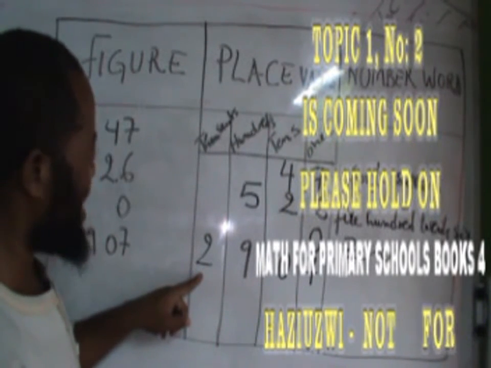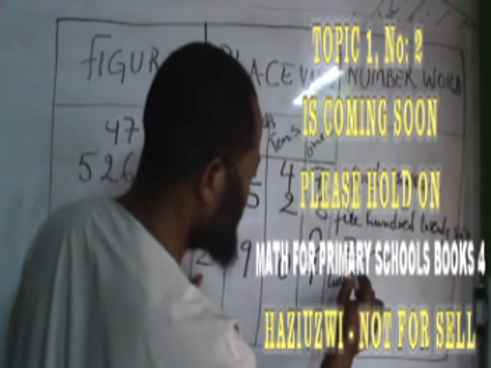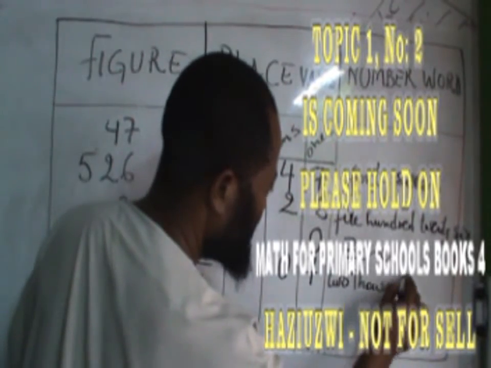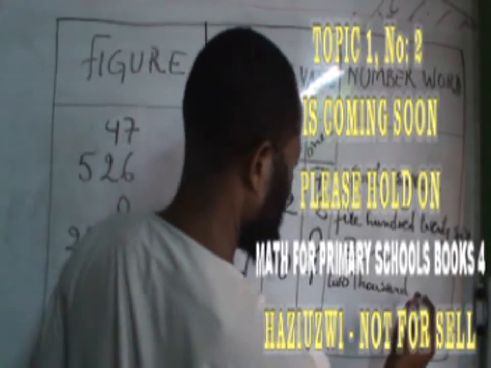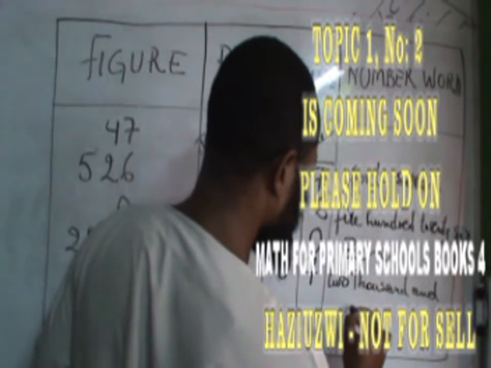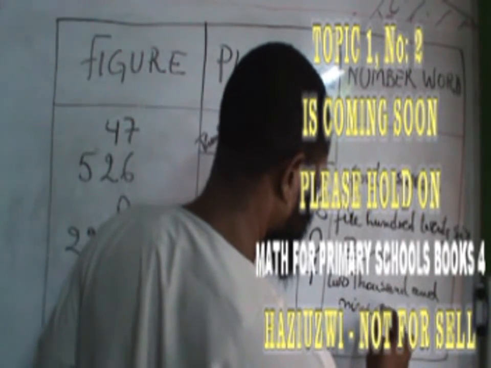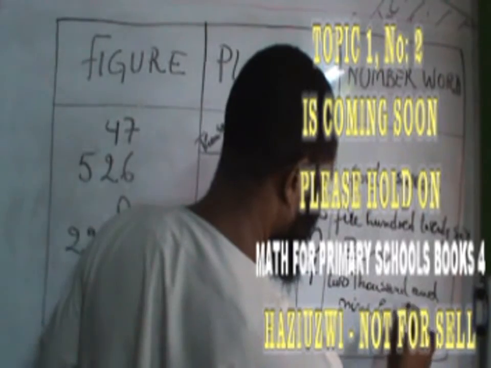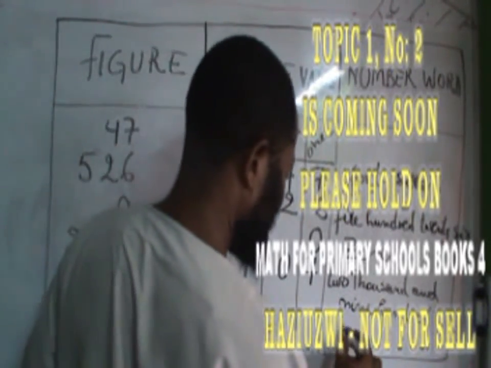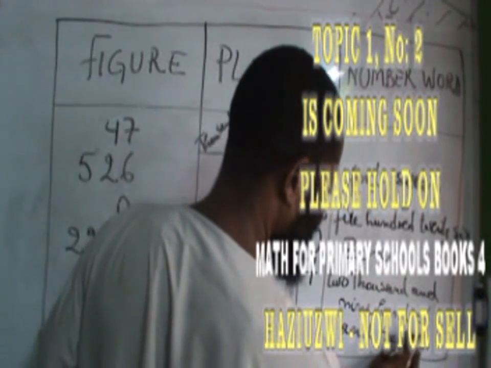For our last number: 2 thousand, 9 hundred, and 7.